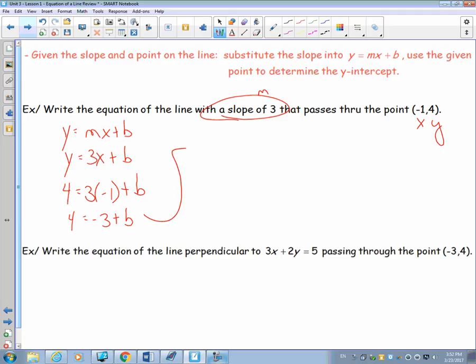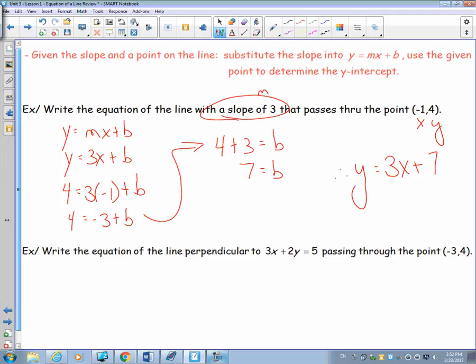We're going to move it up here. Rearrange it, so bring the 3 over, it becomes a positive 3 now, adding 3. 4 plus 3 is 7, so our equation is y equals 3x plus 7. You can always solve for it if you know parts of the information.